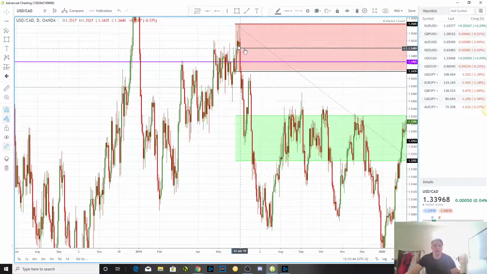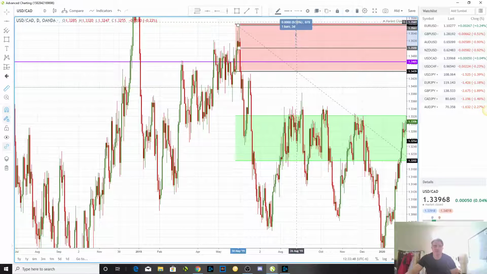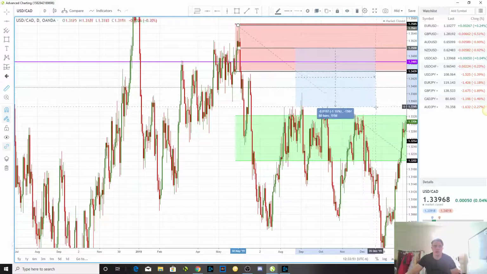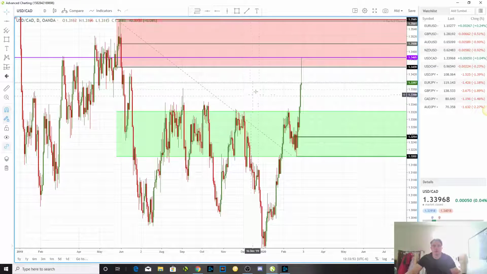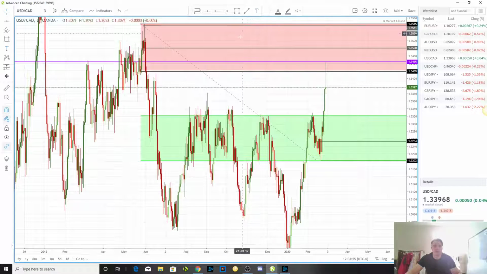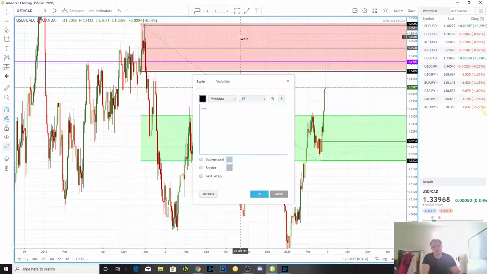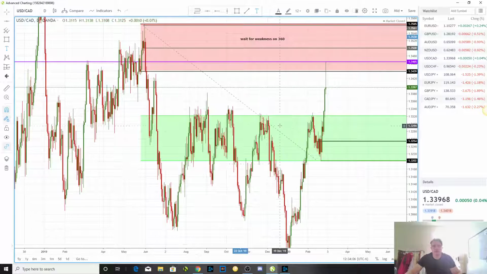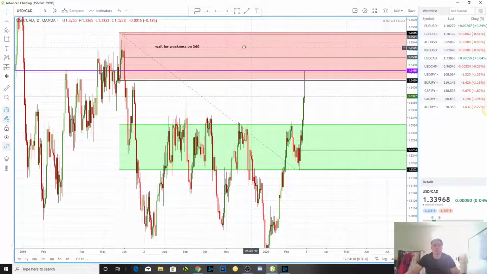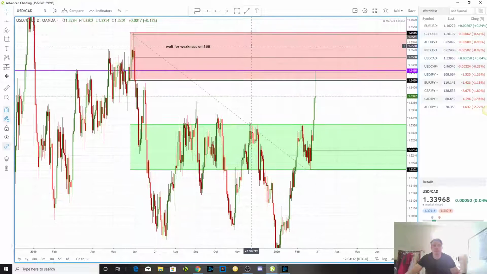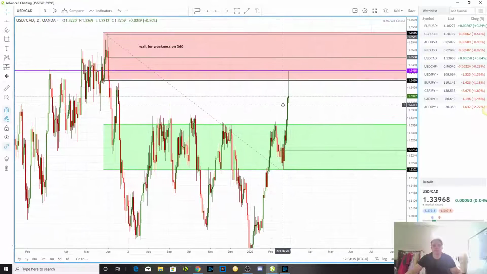So this will be kind of that confirmation style thing. I don't think we even have the profit margin really. So if we want a 67, oh yeah, we got it. So that'll be another area. Wait for weakness on the 360. So yeah, we're waiting on that.